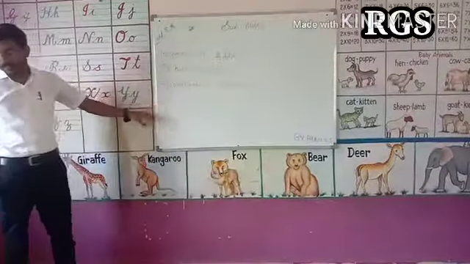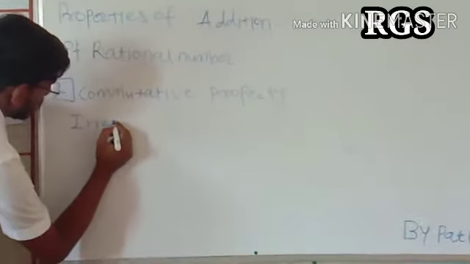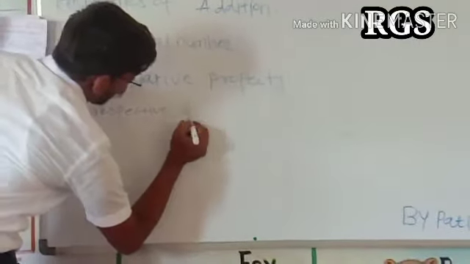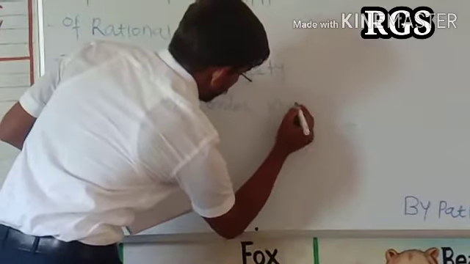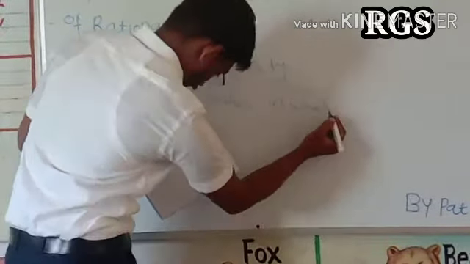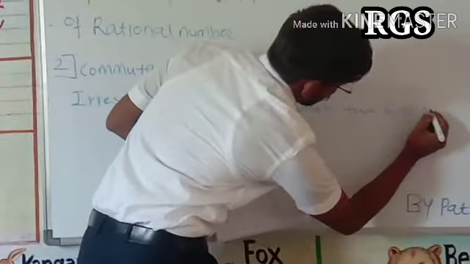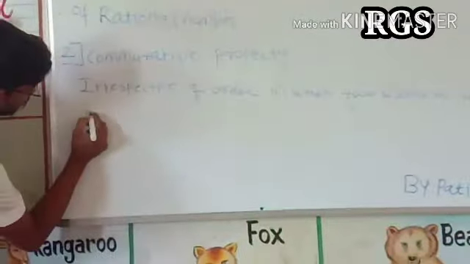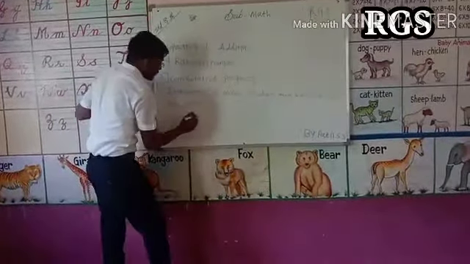What does this commutative property say? Irrespective of the order in which two rational numbers are added, their sum remains the same.